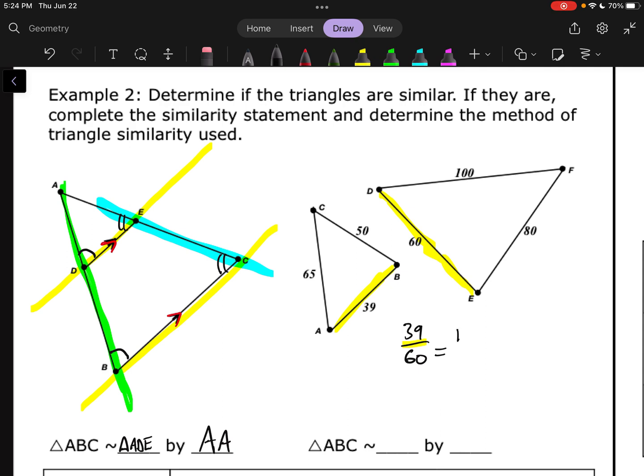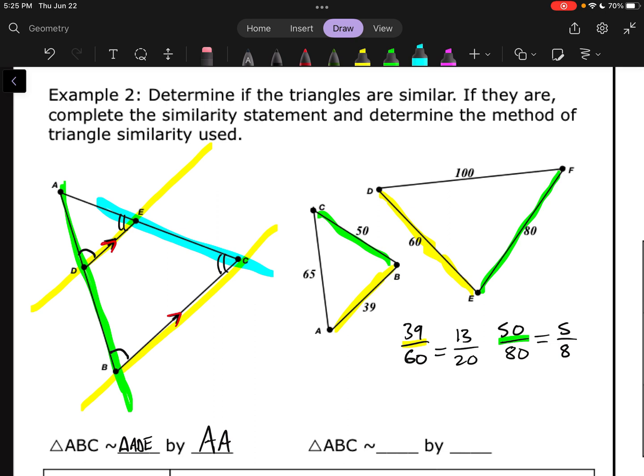That would be 13 over 20. Now let's move up to the next biggest sides. We got a 50 and an 80. 50 over 80, with the green sides here. Both divisible by 10. That's 5 over 8.